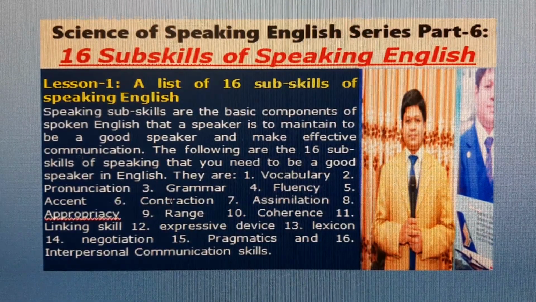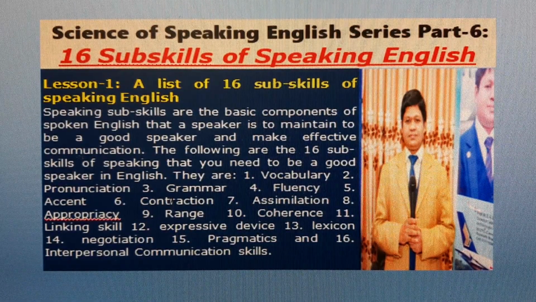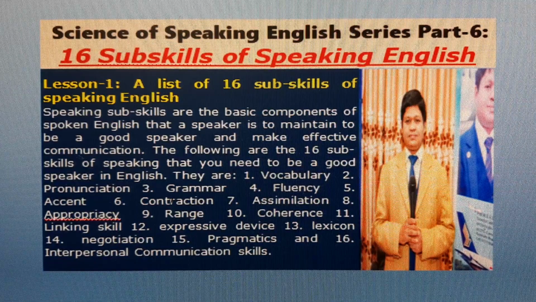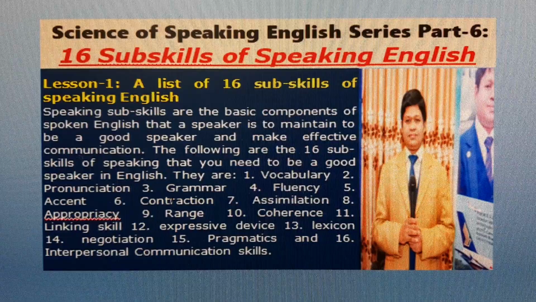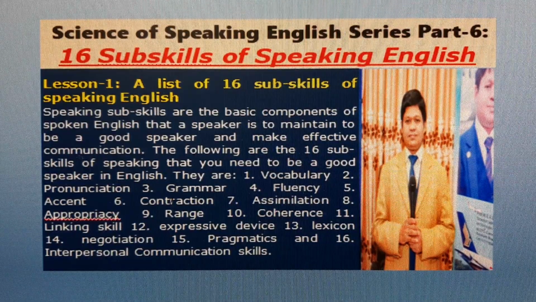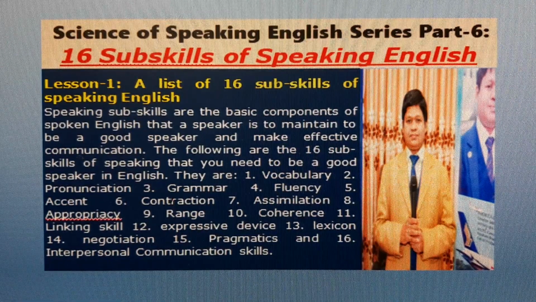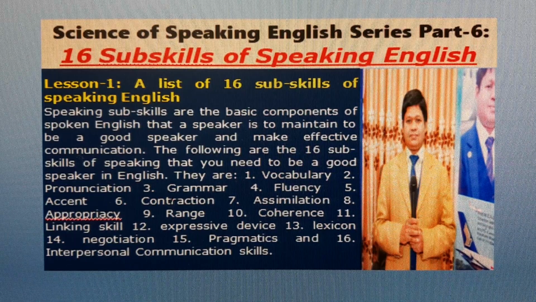They are: number 1, vocabulary; number 2, pronunciation; number 3, grammar; number 4, fluency; number 5, accent; number 6, contraction; number 7, assimilation; number 8, appropriacy; number 9, range; number 10, coherence; number 11, linking and turn taking; number 12, expressive device; number 13, lexicon; number 14, negotiation; number 15, pragmatics; and number 16, interpersonal communication skills.